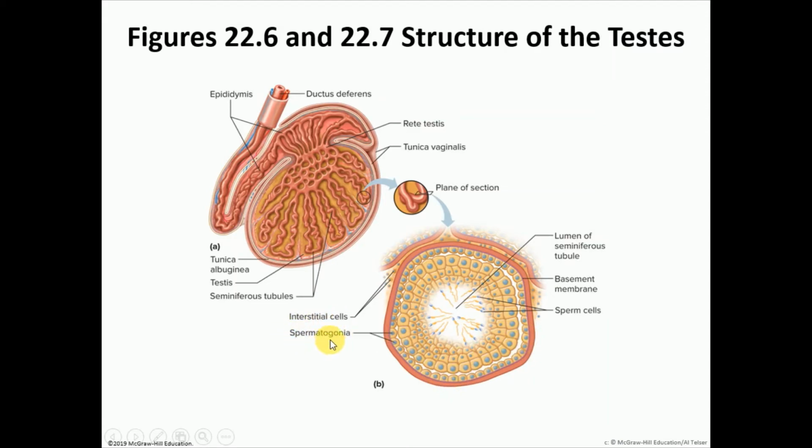Spermatogonia basically means that these cells are going to make sperms. Okay, so these cells will go through the process of spermatogenesis in order to end up making the sperms. In between the seminiferous tubules, you'll have these cells known as the interstitial cells of Leydig, and those are responsible for the production of male sex hormones.